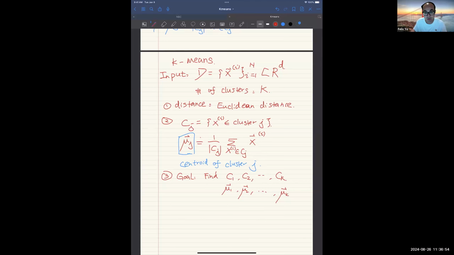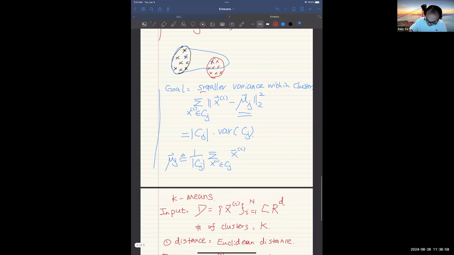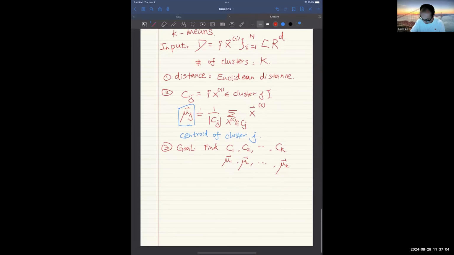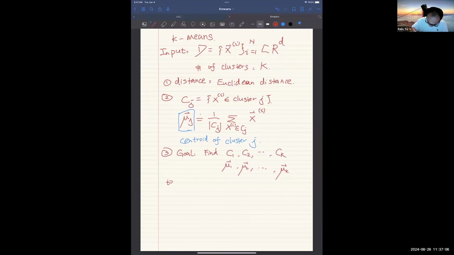So these are the centroids. To minimize the total within-cluster variance.